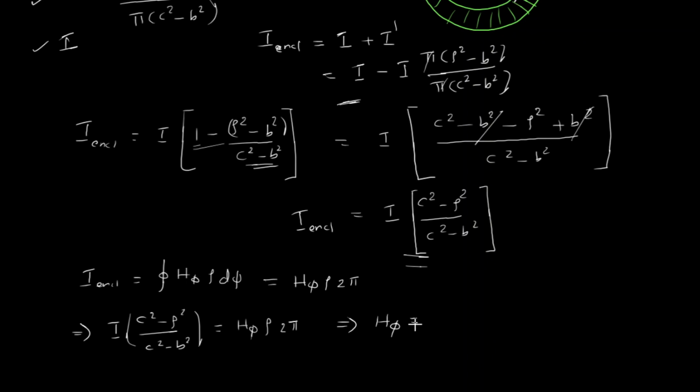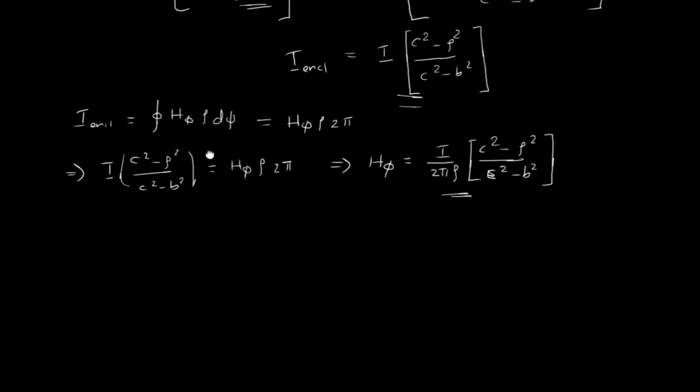Just bring that rho 2 pi to the other side, so I can get h phi as I by 2 pi rho multiplied by c square minus rho square divided by c square minus b square. This is my h phi. So what is my h vector? H vector is h phi a phi cap.